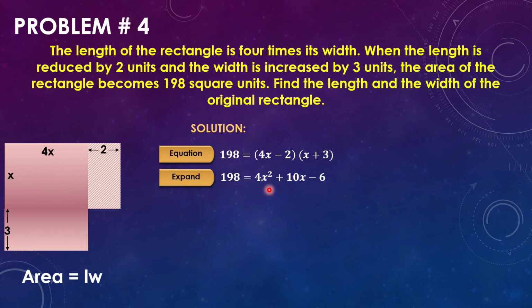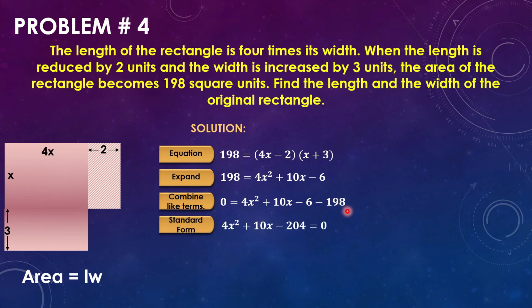Again, I'll just simply use the FOIL method in finding the product of these two binomials. Now, let us combine the like terms. We will simply move 198 to the right side so we can combine the like terms. So we have 0 is equal to 4x squared plus 10x minus 6 minus 198.